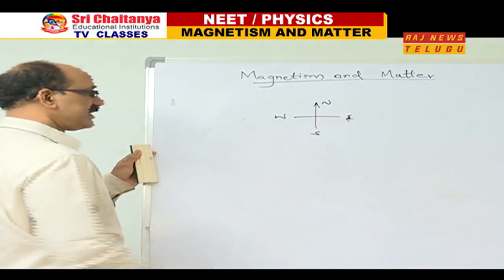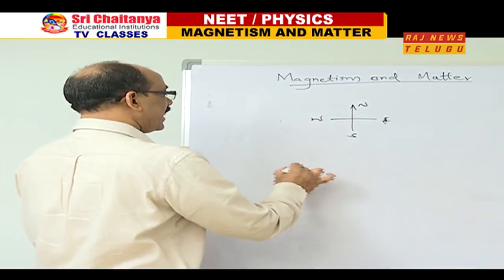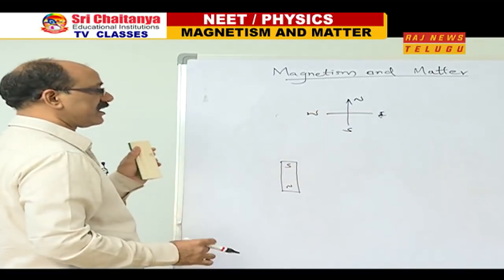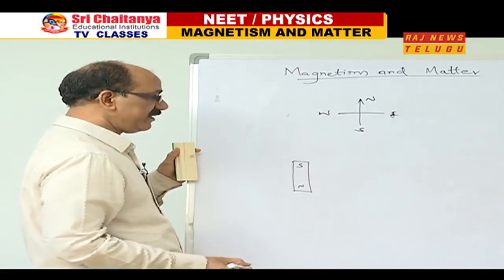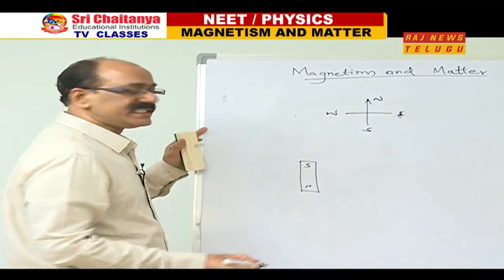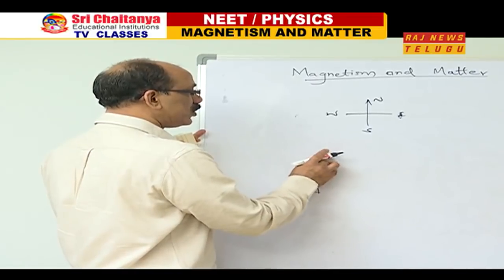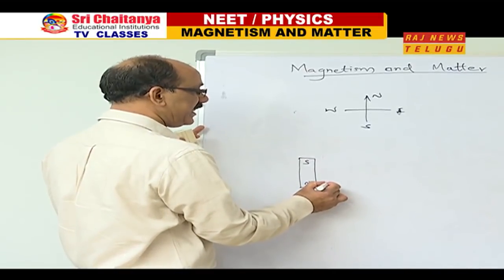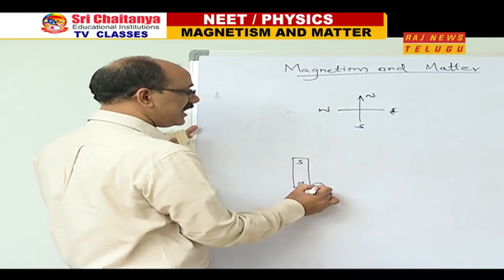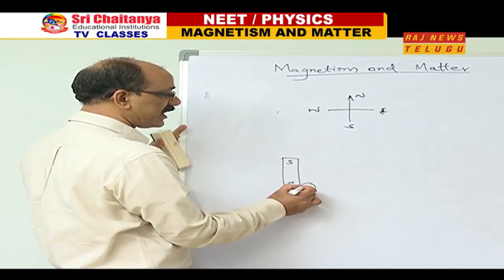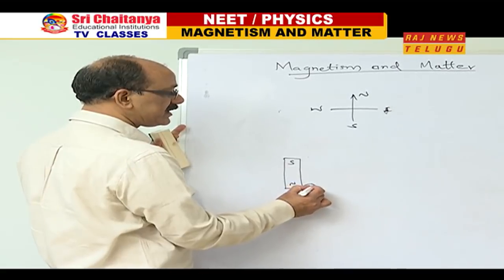The bar magnet is placed like this, maybe with its south pole towards north or north pole towards south, it doesn't really matter. A small magnetic needle is placed closer to this north pole, and the north pole of the magnetic needle, because it is repelled by it and the south pole is attracted, is oriented like this.